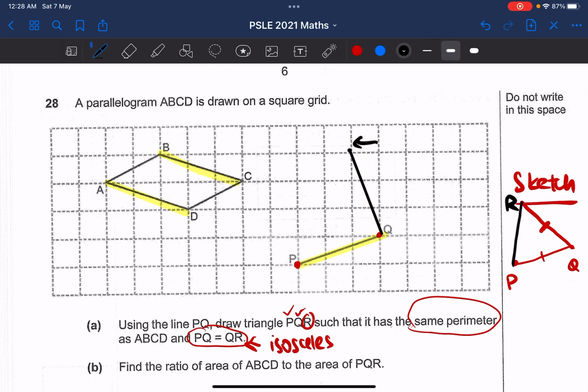Okay, so now I have fixed R already. And in fact, if I draw in the line, this line is actually the combination of this and this.